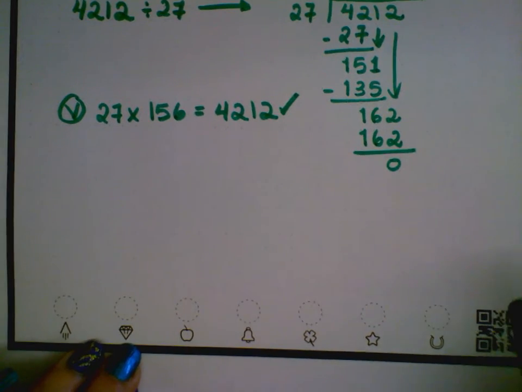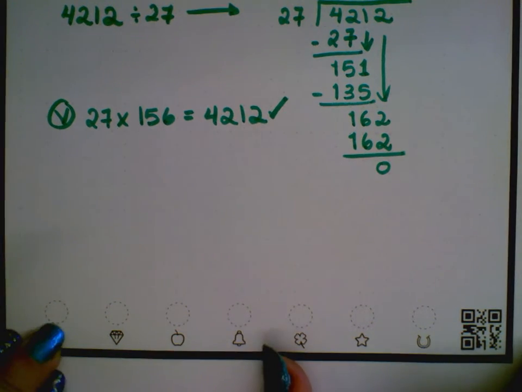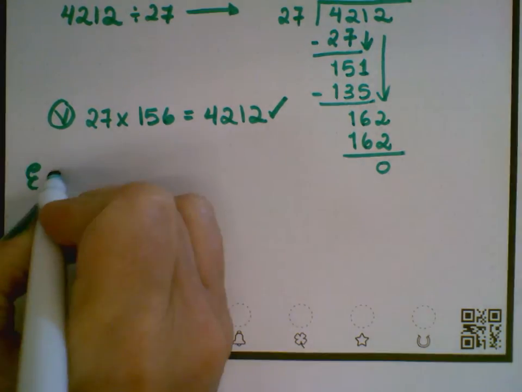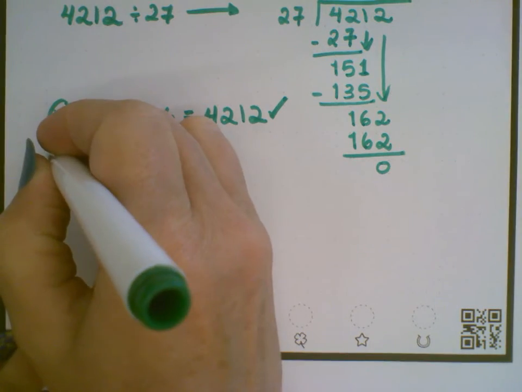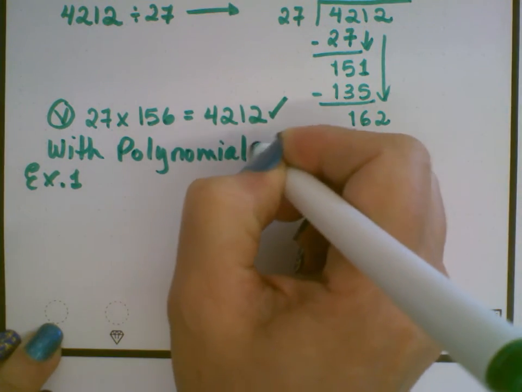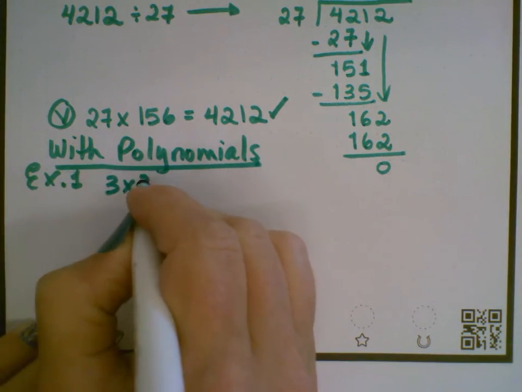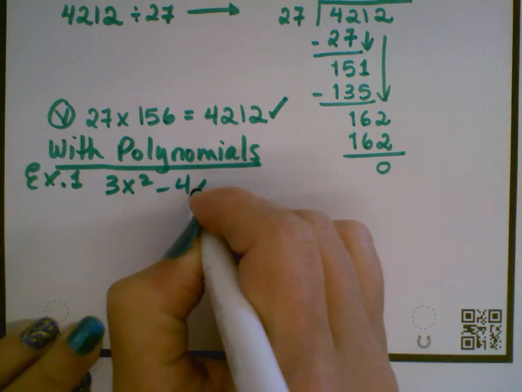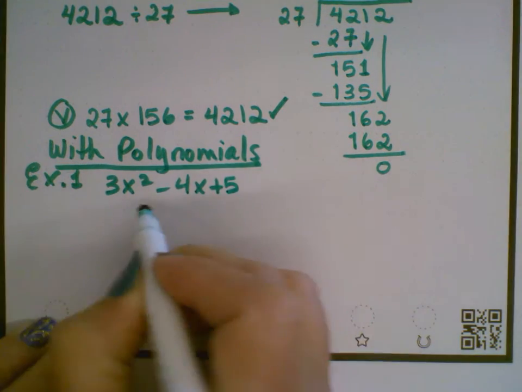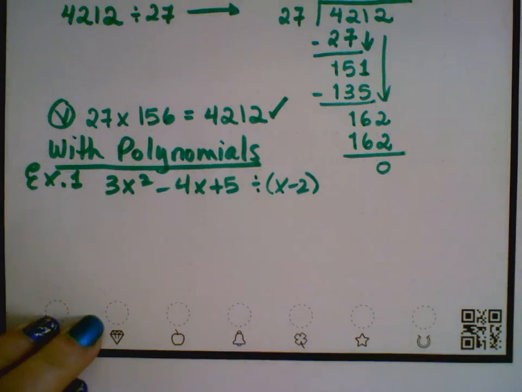So how does this relate to polynomials? Well, it turns out that you can actually use long division, this standard algorithm, with polynomials as well. So here's an example of that. Let's say I've got 3x squared minus 4x plus 5, and I'm wanting to divide that by x minus 2.